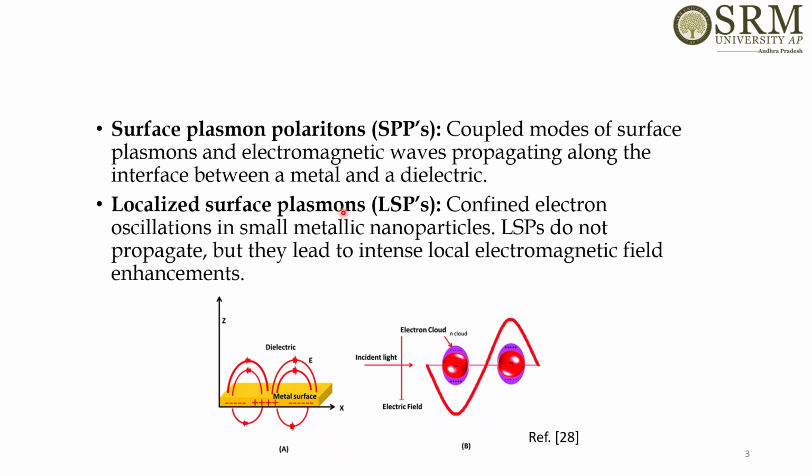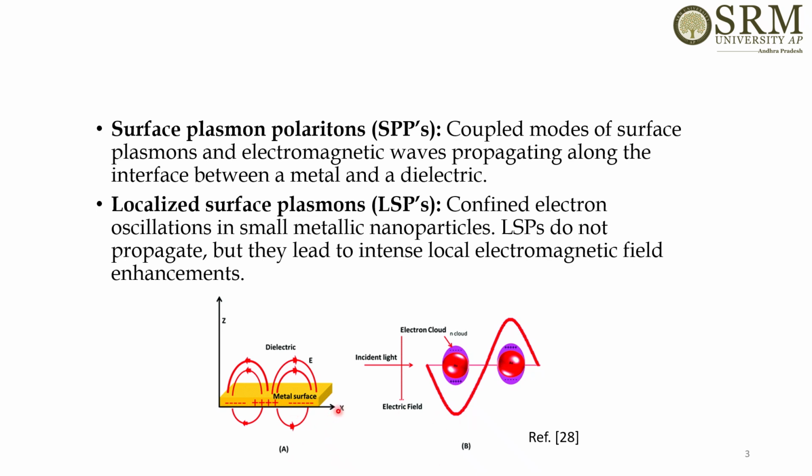Coming to the localized surface plasmons. Localized surface plasmons confine the electron oscillations in small metallic nanoparticles. These LSPs do not propagate, but they lead to strong electromagnetic field enhancement.